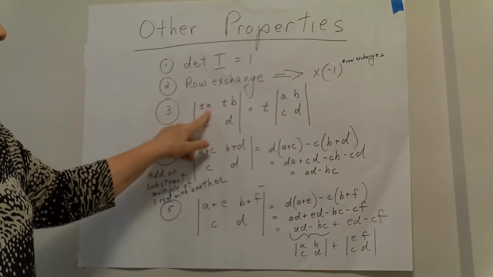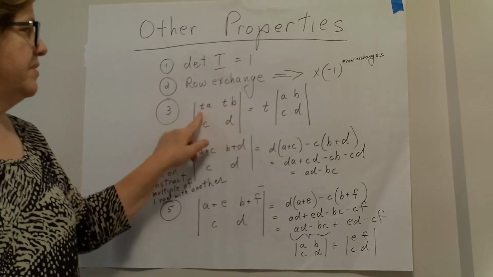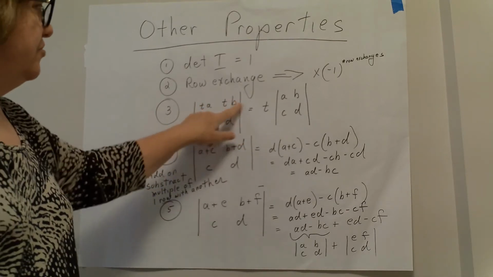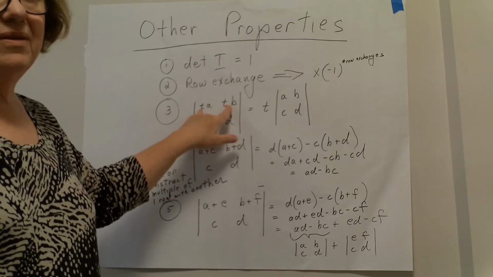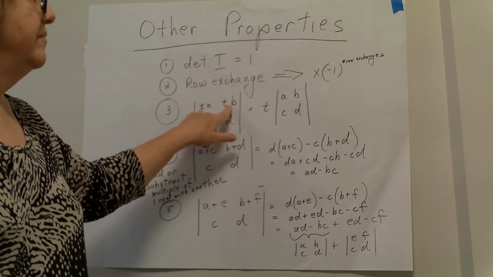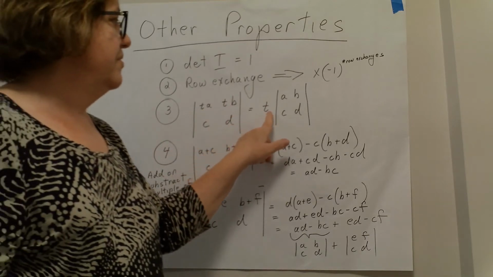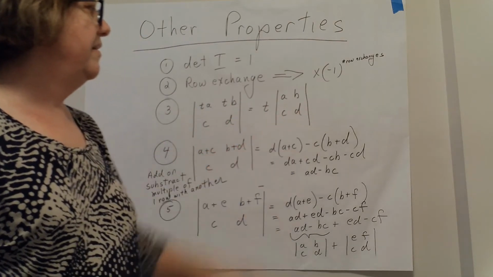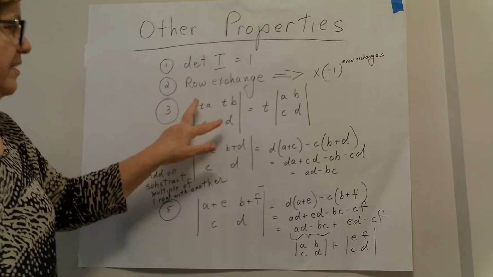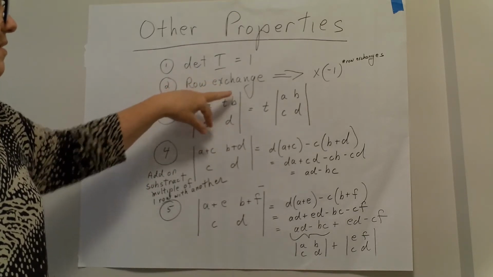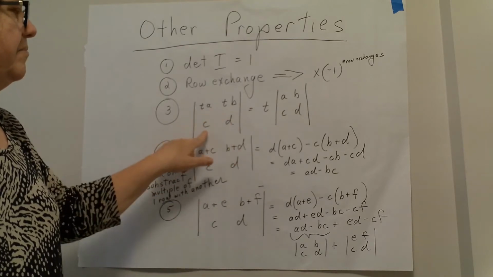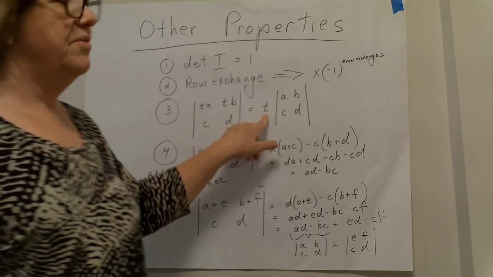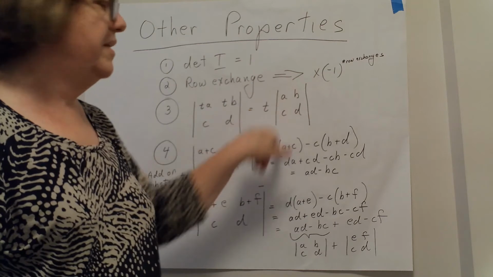So if you have a 2 by 2 matrix A, B, C, D, but you have the top row multiplied by T, then it's just T times the determinant of A, B, C, D. You can get this determinant, TAD minus TBC, factor out a T, and see that it's T times AD minus BC.